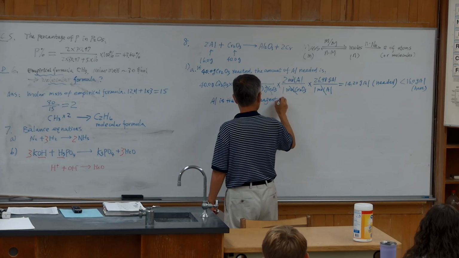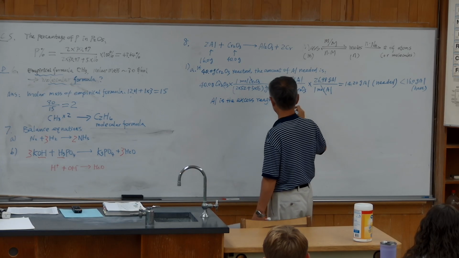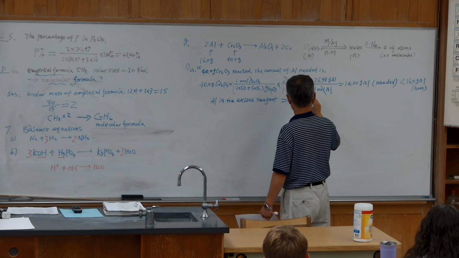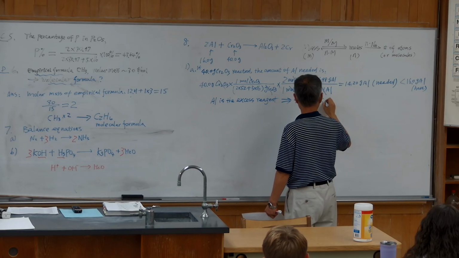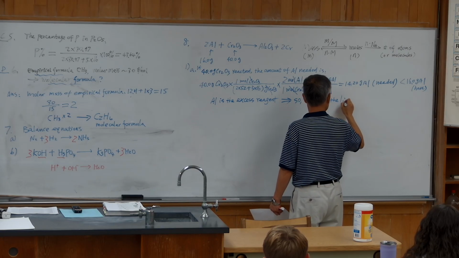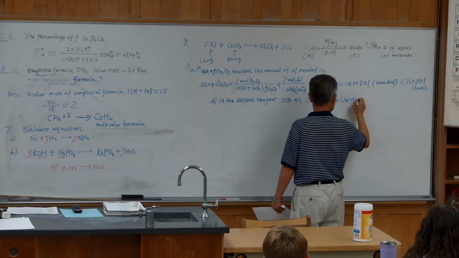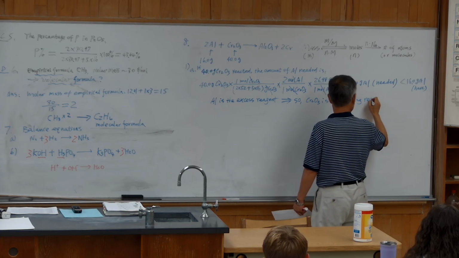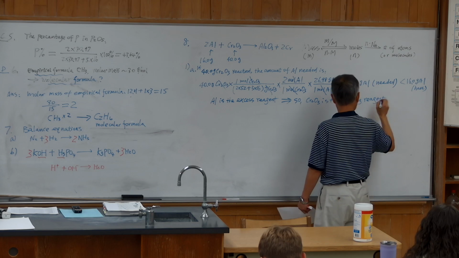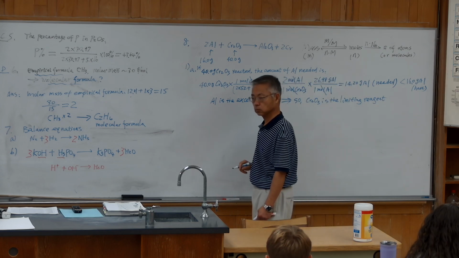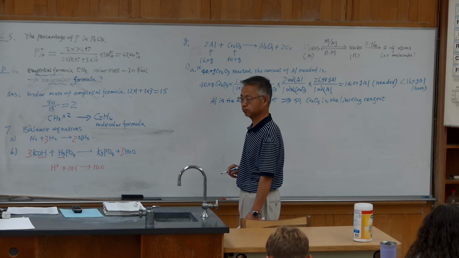Aluminum is the excess reagent, so the other reactant on the left-hand side is the limiting reagent.